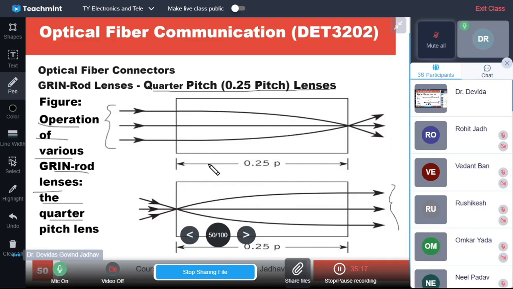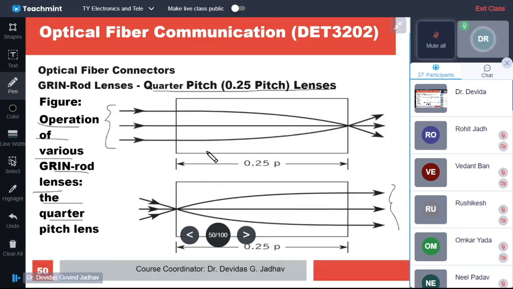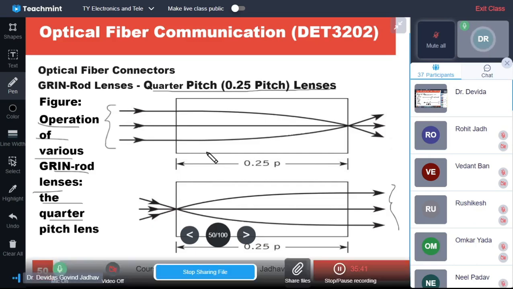So the 0.25 GRIN rod lens has the focal point exactly on the surface, and it can collimate the beam whenever there is a source on the focal point, and it can refocus the beam if a collimated beam is input to the lens.